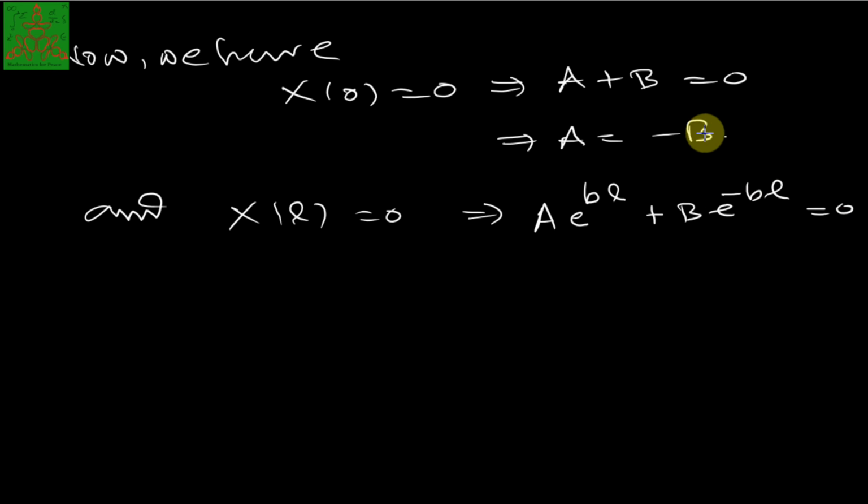But B is minus A, so this gives A into e power bl minus A into e power minus bl equal to 0.